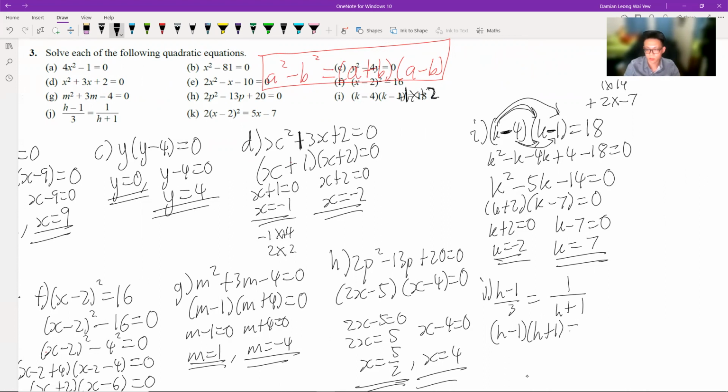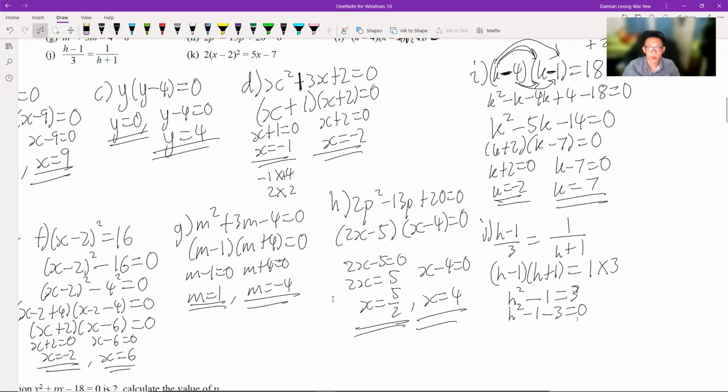It's H minus 1 times H plus 1 equals 1 times 3. Expand. 1 minus 1 plus means is H square minus 1 square. 1 square is still 1. 1 times 3 is 3. Bring over the 3. Positive, opposite is minus, minus 3. So I have H square minus 1 minus 3 equals 0. So I get H square minus 4. 4 is the same as 2 square.